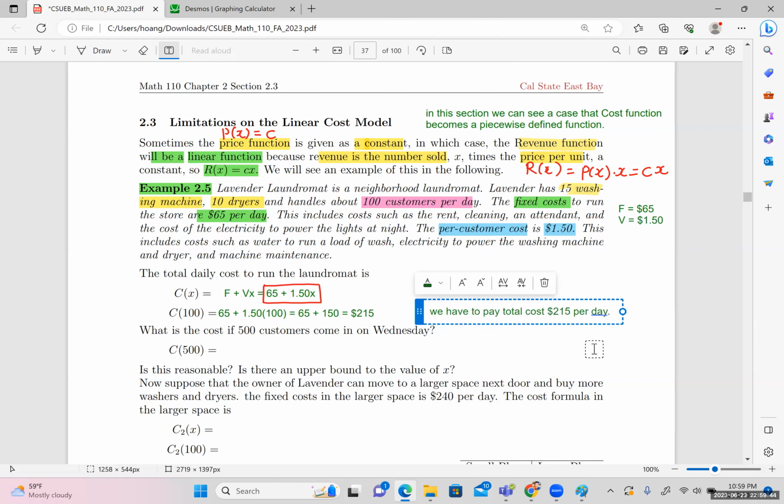What is the cost if 500 customers come on Wednesday?